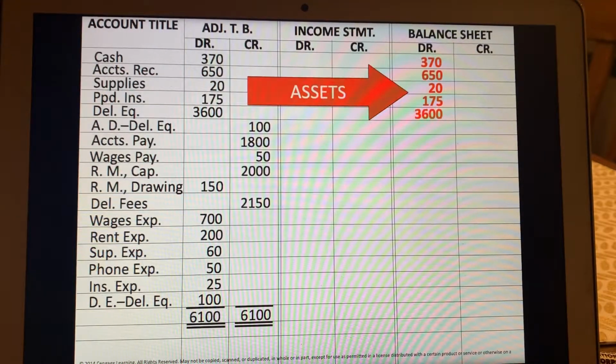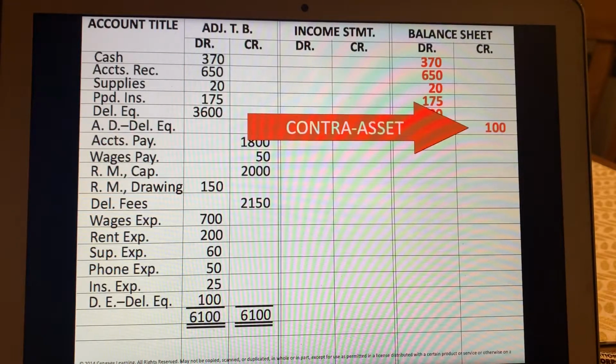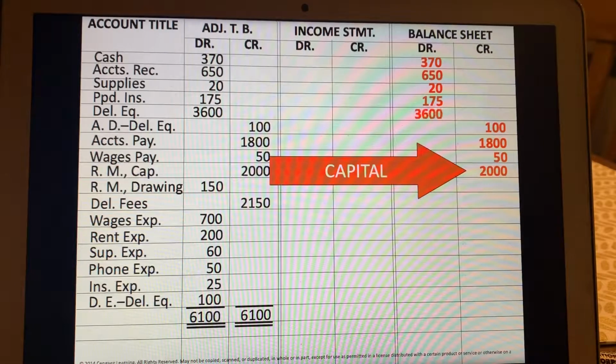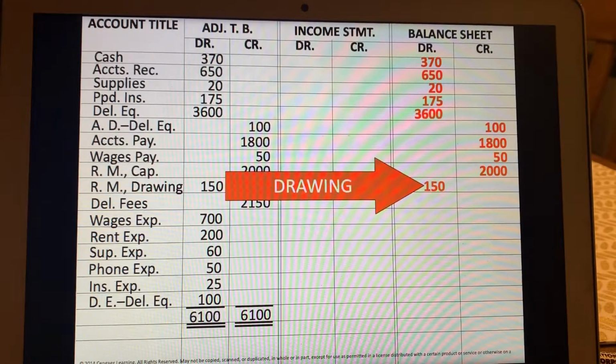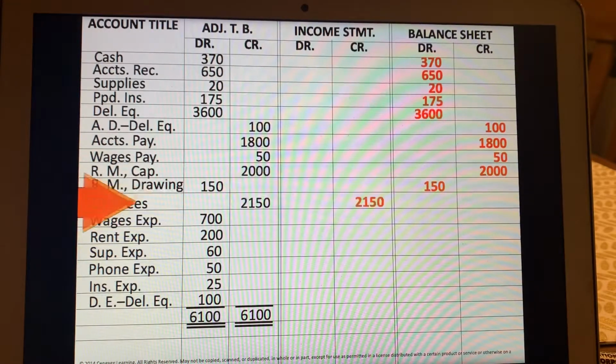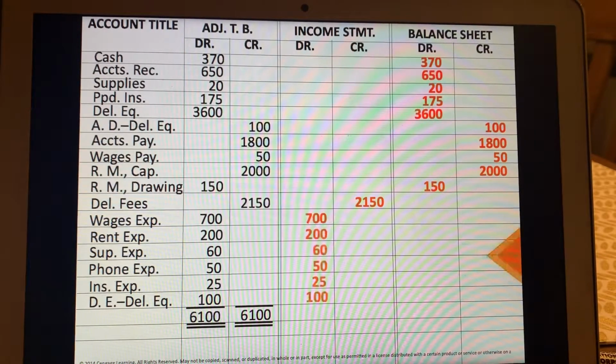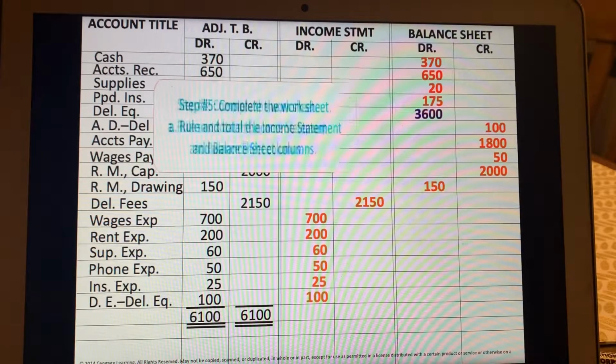Those are owner equity withdrawals. So those are our asset accounts. There's our contra asset. There's our wages payable. There's our capital as well. There's our drawing of $150 that was withdrawn. So $21.50 goes in on our income statement and all of our expenses as well.